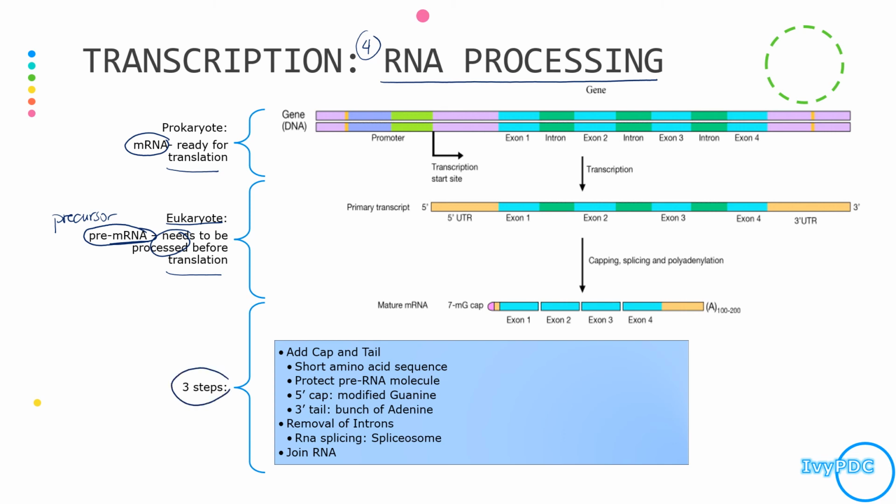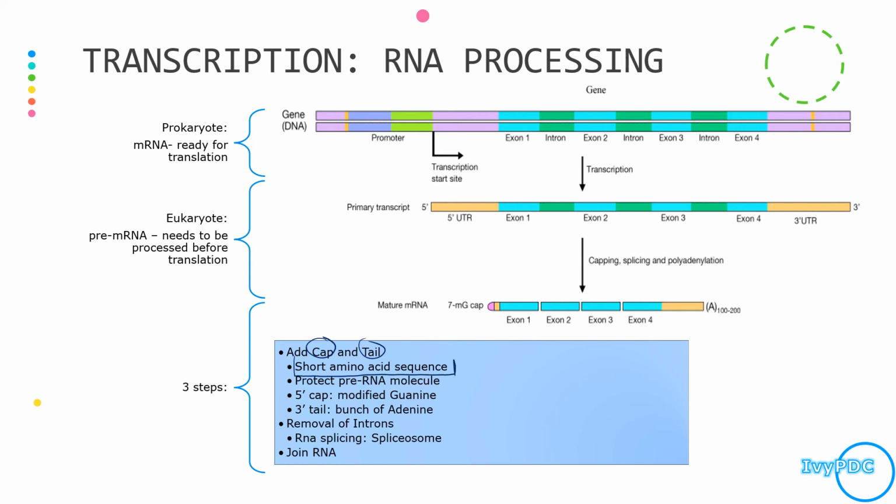There are three steps in the RNA processing. The first one is the addition of the cap and tail. The second one is the removal of the introns, and the third one is to join the RNA together. When we say cap and tail, we are referring to short nucleotide sequences that are added before and after the RNA template.